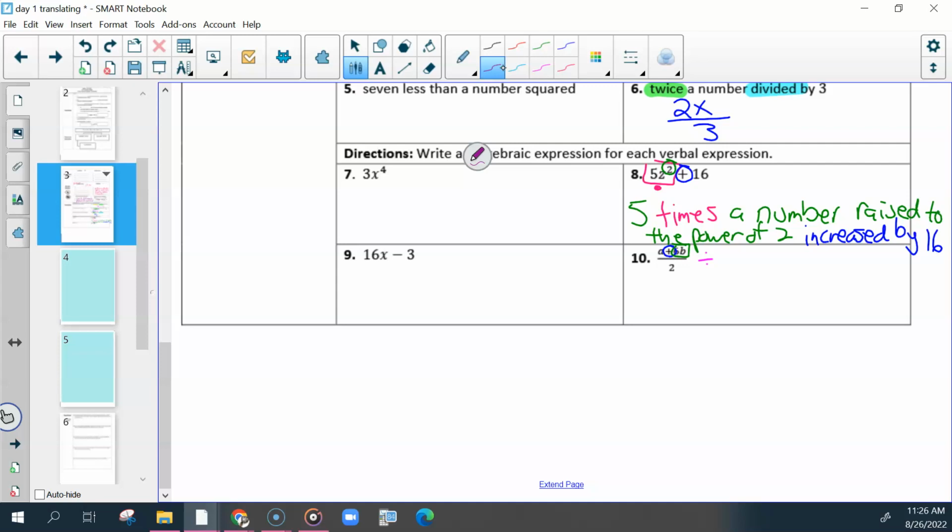So I'm going to start off by writing a number A. Someone give me a word for addition that is not increased by. Right. If we want to use sum, we can. We just can't use it right here.